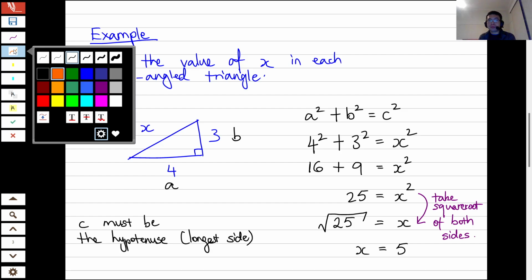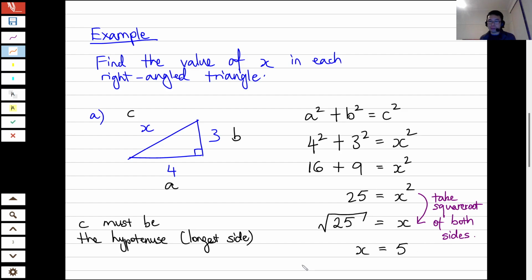Now, I should note, here we assumed that x is positive. That is, it was representing a length, so I don't need to worry about writing x equals plus or minus 5 or plus or minus root 25.